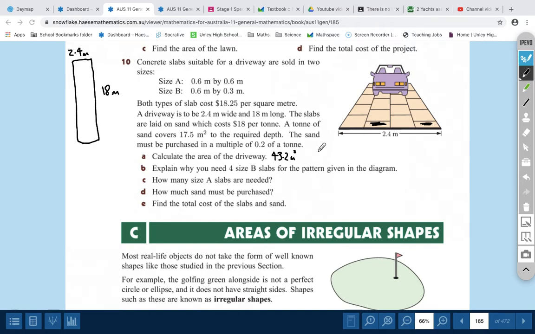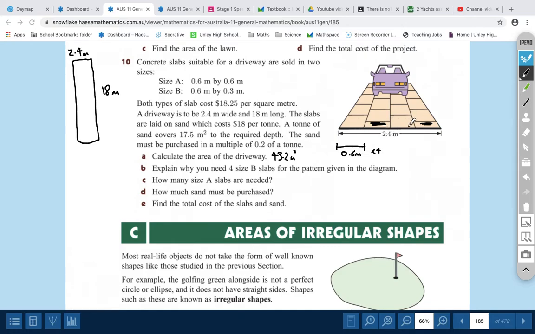Let's think about this. They've got 4 slabs across. Each one of those is 60 centimetres or 0.6 of a metre. If you did 0.6 times 4, what's 6 fours? Yeah, 24. So yep, that's right.